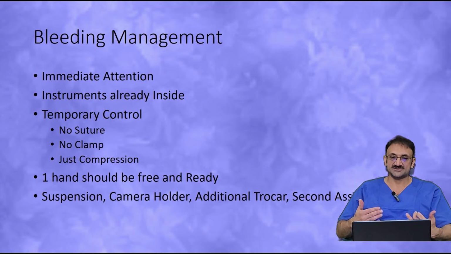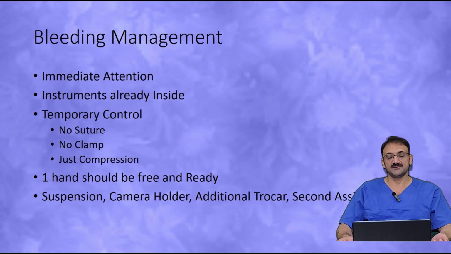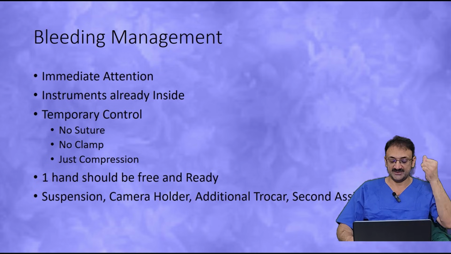That is because that bleeder, which did not seem to be really major during pneumoperitoneum, because of the pressure on that vessel, has now become a major bleeder, because the pressing effect of the pneumoperitoneum is relieved. So immediate attention must be paid to every bleeder in laparoscopic surgery.